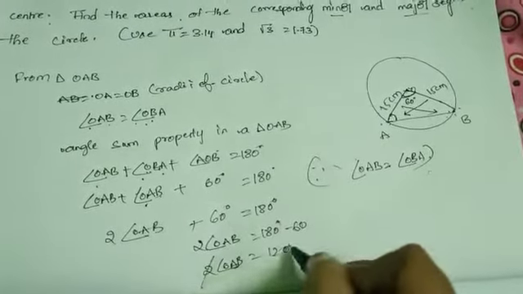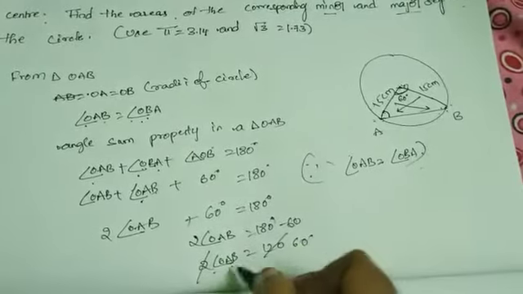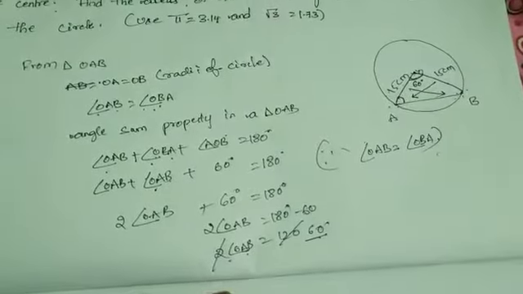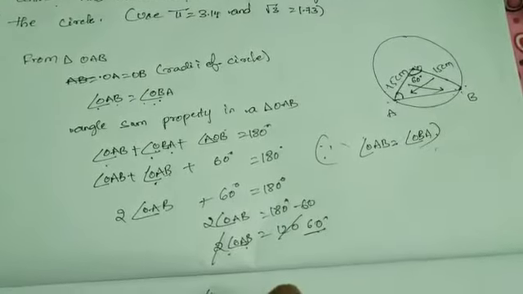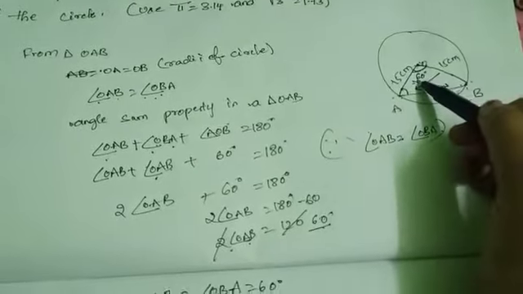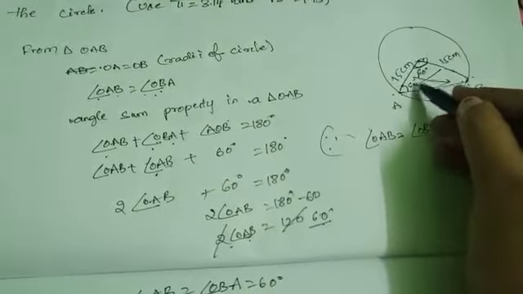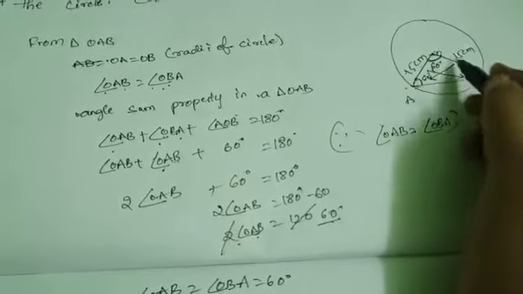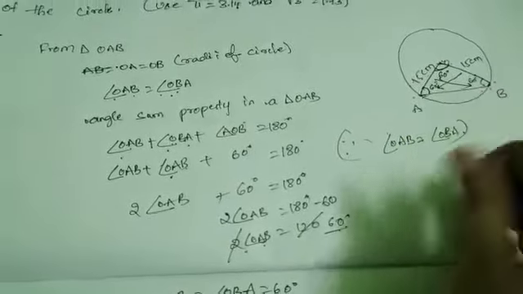So angle OAB equals 60 degrees. Angle OAB, which is equal to angle OBA, equals 60 degrees. Here each angle in the triangle equals 60 degrees. All angles are equal, so it is an equilateral triangle.